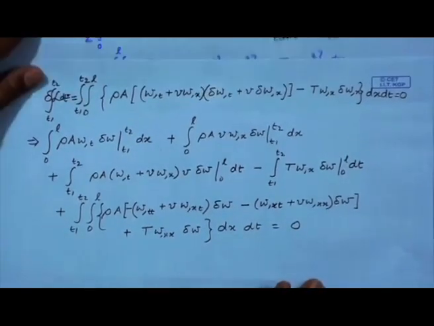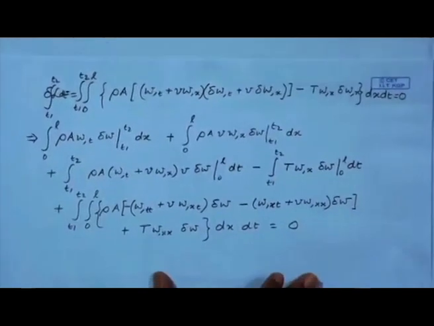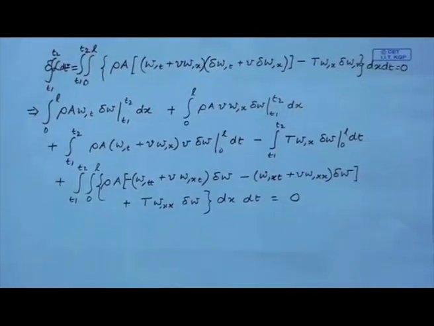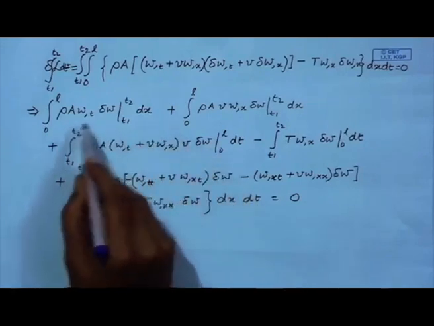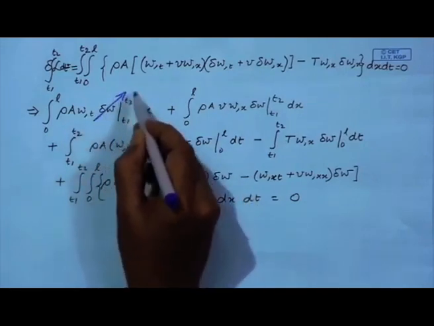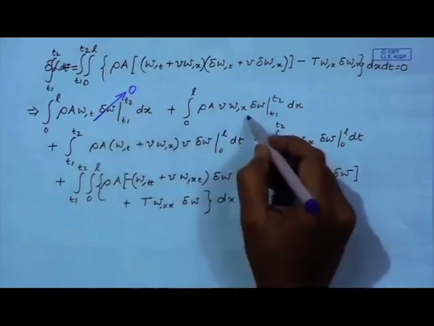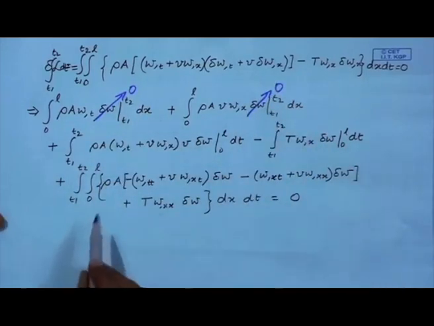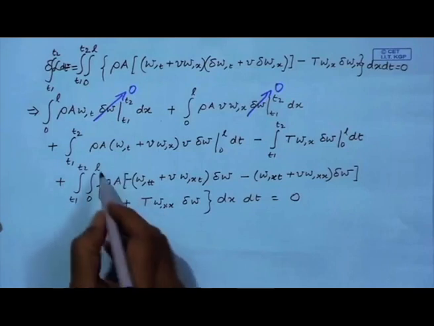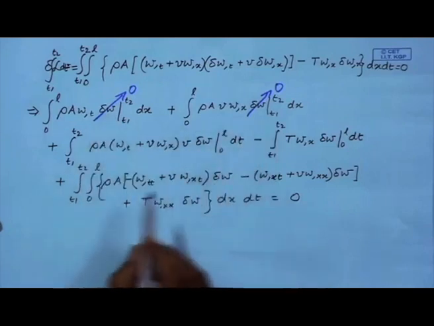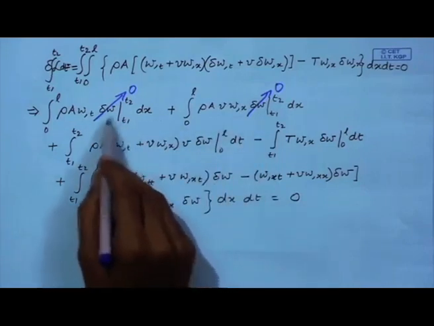So, we have these terms. Now, here by our standard arguments, at time t 1 and t 2 there cannot be any variation of the configuration. So, these boundary terms must vanish, the time boundary terms.